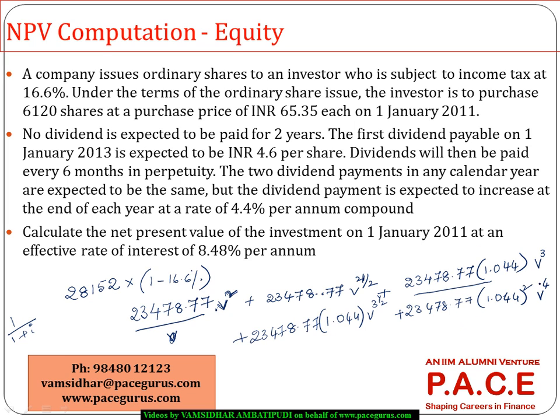If I look at it, I can pull out some commonality here. I can pull out 23,478.77 into V squared plus V power 2.5, plus 1.044 into V cubed plus V power 3.5, plus 1.044 squared into V power 4 plus V power 4.5.